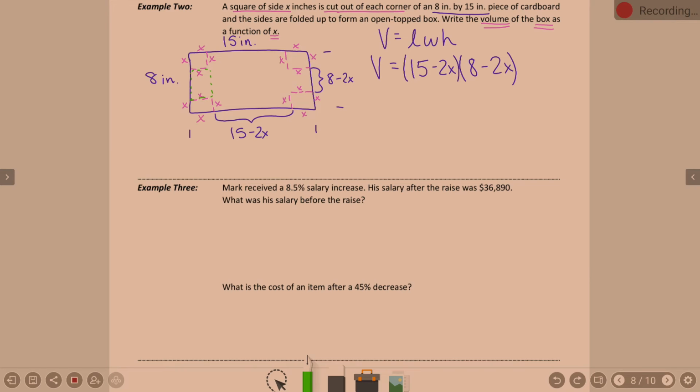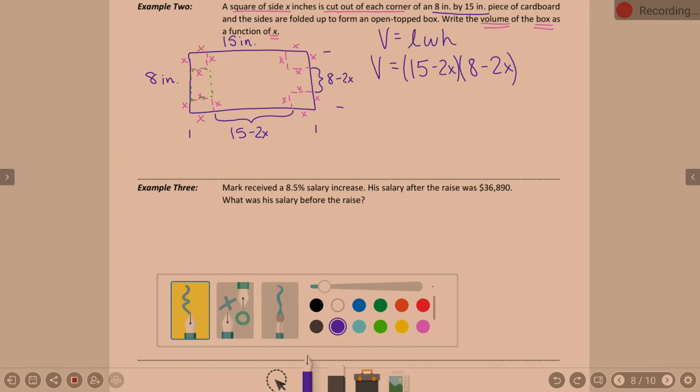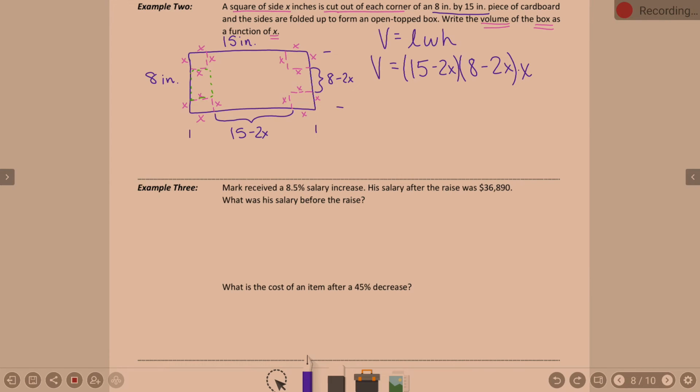How's the box gonna close? It doesn't. Open top box. It's like me taking a piece of paper, cutting out a corner, and then folding up the flaps.